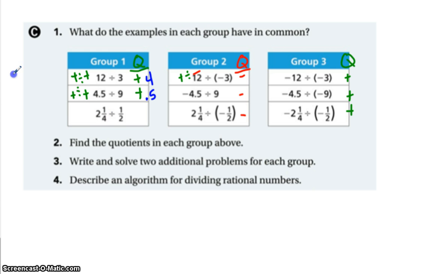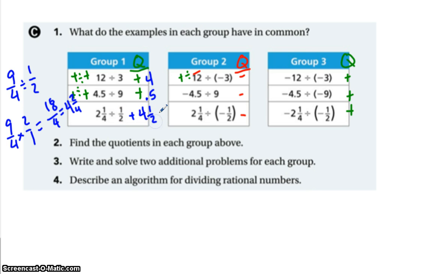So 2 1/4 becomes 9/4 divided by 1/2. So 9/4 times 2 over 1 equals 18/4, which equals 4 and 2/4. So that would equal a positive 4.5.